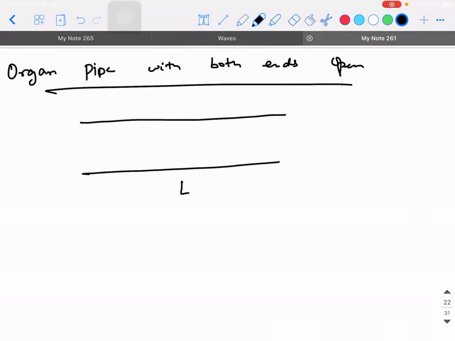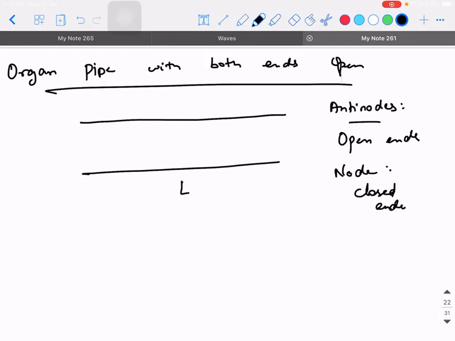I told you already. Where do we have antinodes? Antinodes are formed at open ends, and nodes are formed at closed ends. When you look at the diagram, you will have an antinode at both the ends and a node exactly at the center. What is the distance between a node and an antinode?